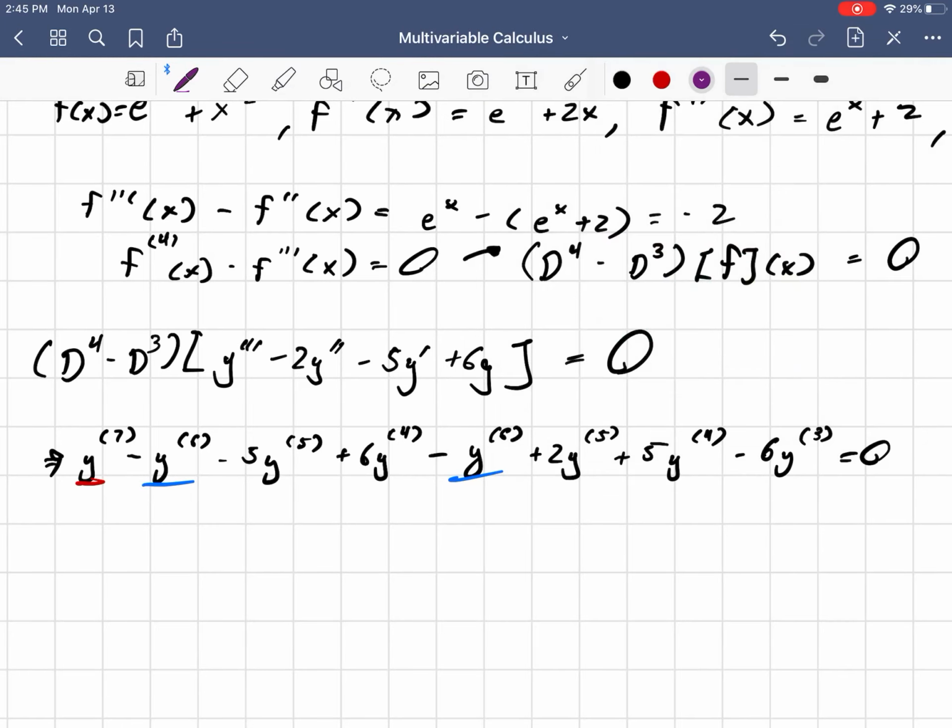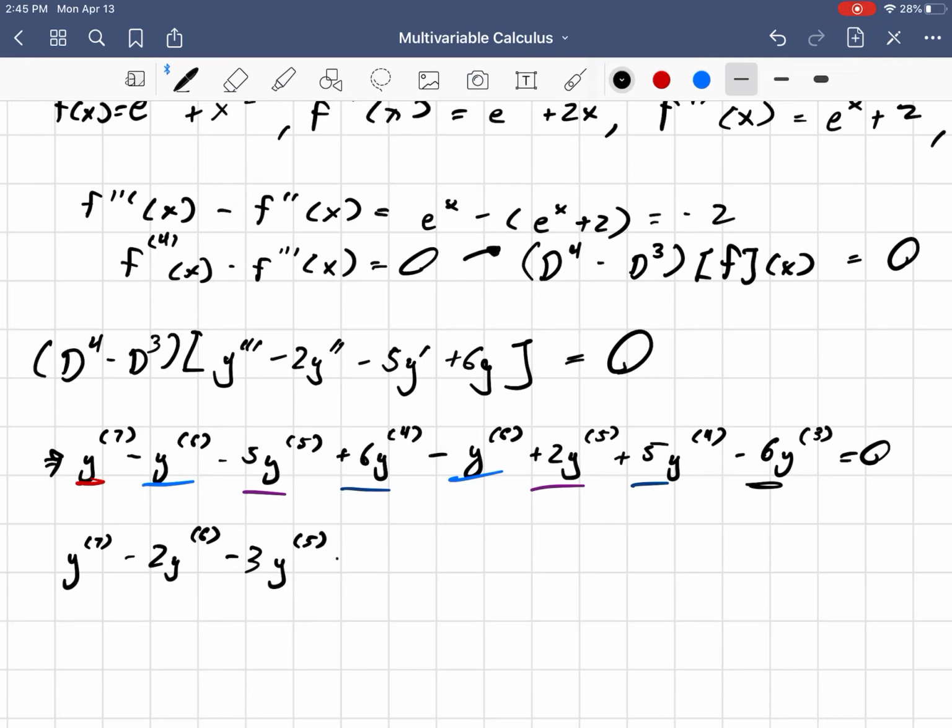Whoa. So that's the only seventh derivative, sixth derivative, let's do purple, fifth derivative, fourth derivative, and then we only have one third derivative. So the seventh derivative of y minus 2 times the sixth derivative of y.